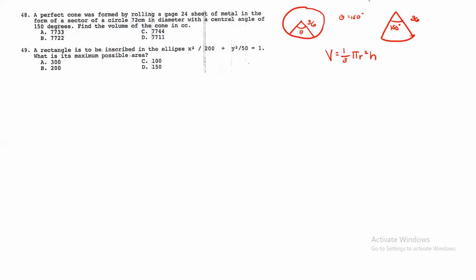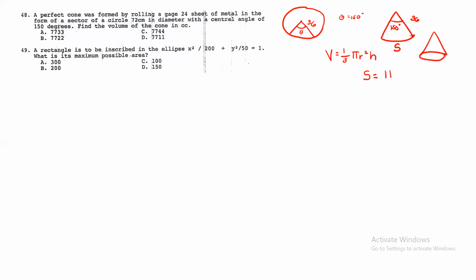Dito, ito yung arc S. Titingin tayo dito sa sector, meron yung arc S. Itong arc S na to is equal sa circumference ng base ng cone. Halimbawa ito yung cone natin, ito yung bubuo dun sa circumference ng base ng cone.